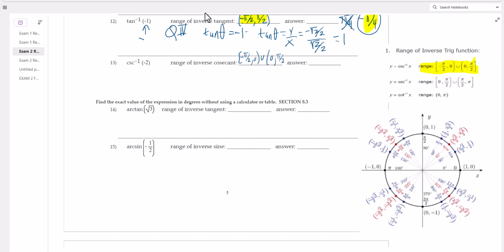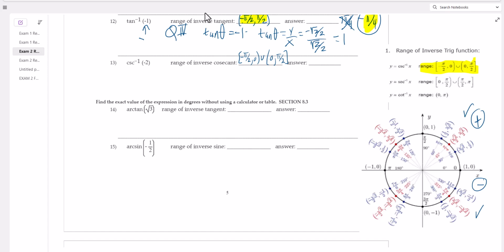to pi over 2. And an inverse cosecant, of course, that's a reciprocal of a sine. So it's either going to be in one of these two quadrants, or you have a positive in quadrant 1 and a negative in quadrant 2 or quadrant 4.